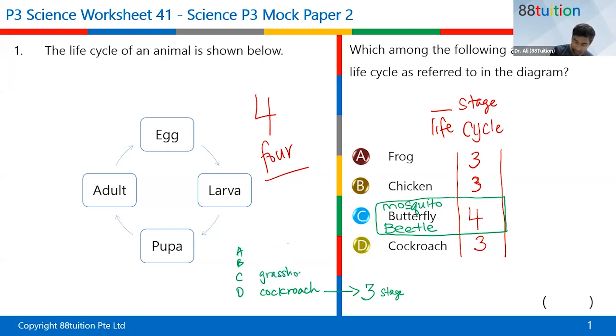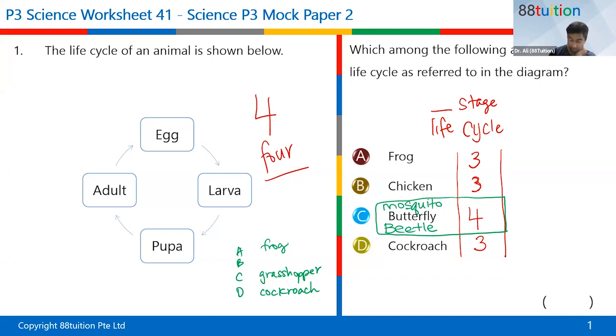What will be the question if I have grasshopper, cockroach, and frog, maybe, and maybe what other? I'm trying to get one that the young resembles the adult, and some that the young doesn't resemble the adult.